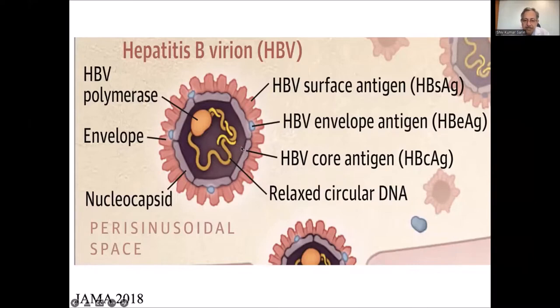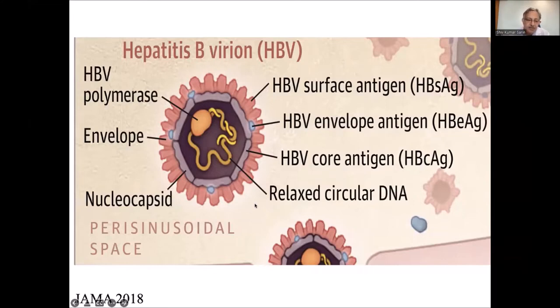Why? Because it lacks 3 amino acids which are present in the E antigen. So once you have core antigen plus 3 amino acids, it becomes soluble and it can cross. What does it mean? If you have E antigen positive, it means core antigen is always there.